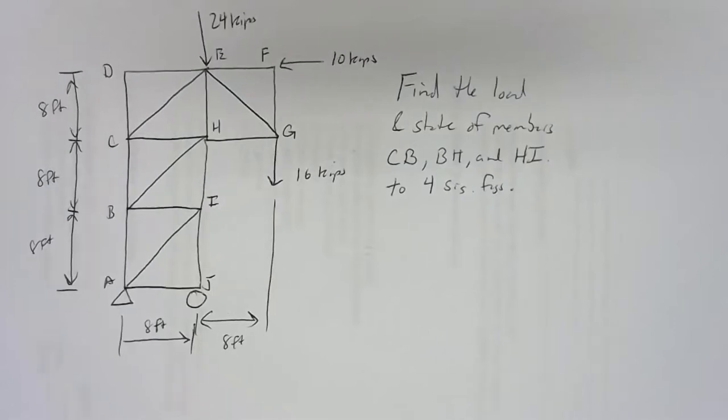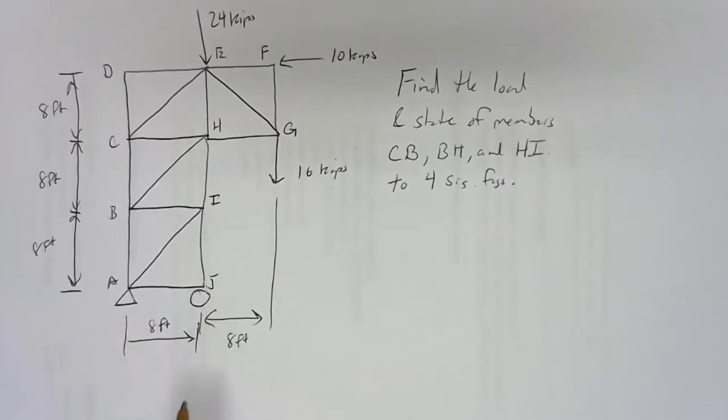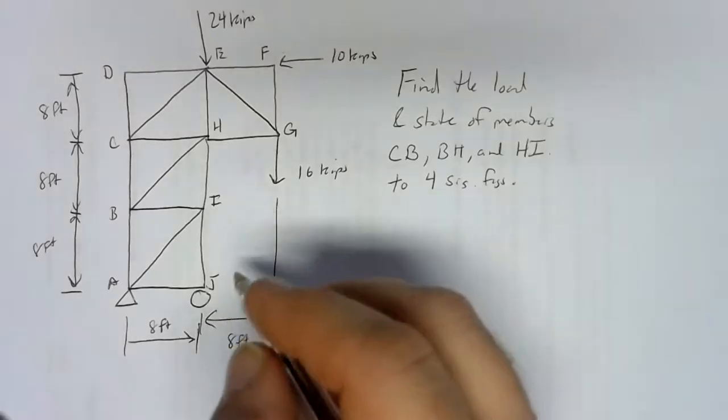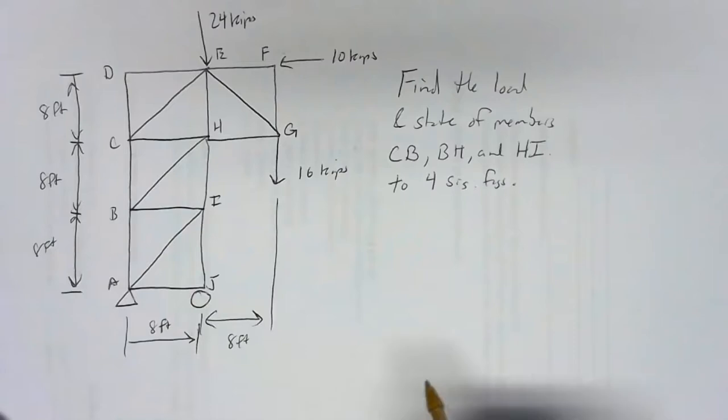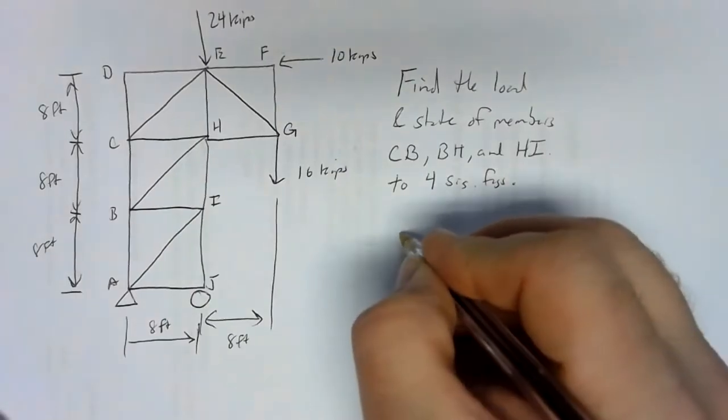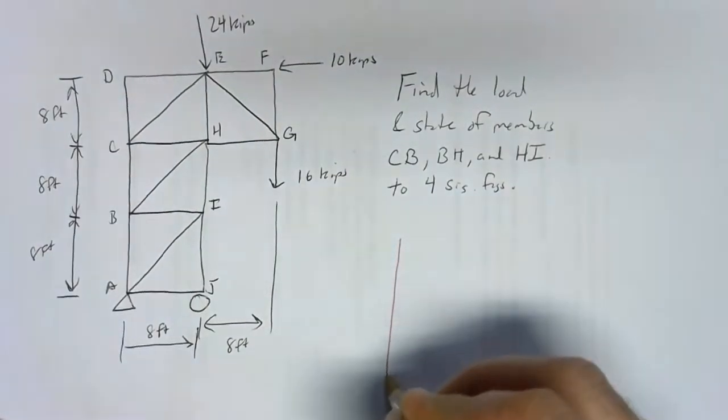All right, so the first thing we're going to need is the reactions down here at A and J. So let's first look at our free body diagram for the structure. And the free body diagram is going to look something like this.